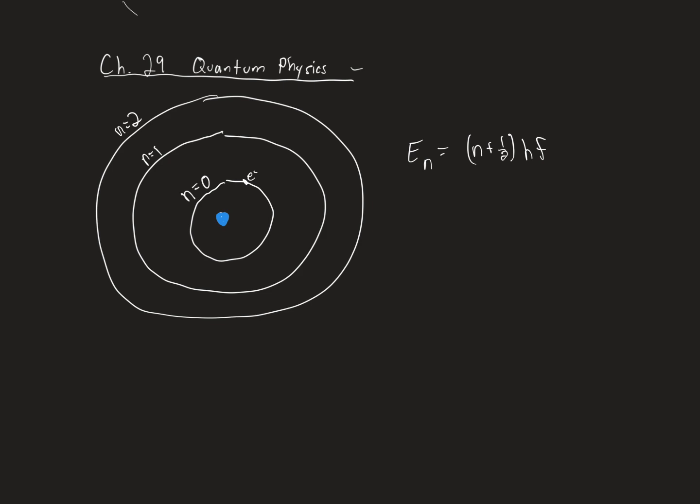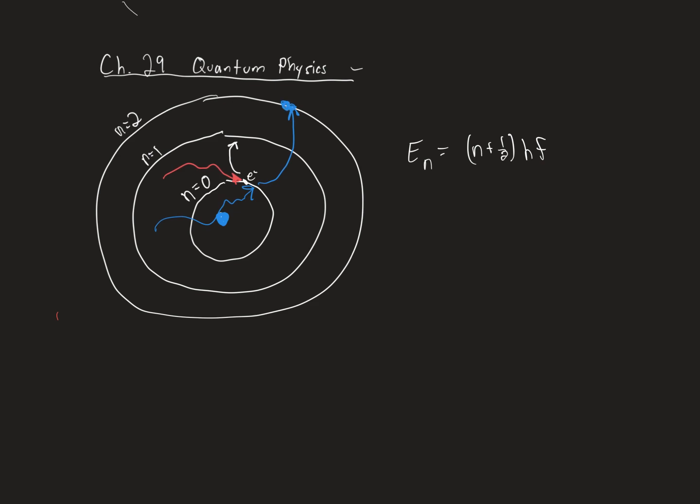Where f is the frequency of light that will let this electron jump up some level. So maybe there's a piece of red light that comes in and smacks into the electron. The electron absorbs that piece of red light and it can jump up a level. Maybe there's a piece of blue light that comes in, smacks that electron, and that electron can jump up 2 levels.